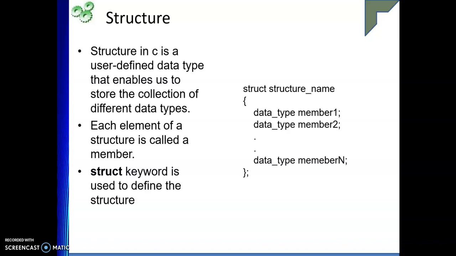In order to define or declare a particular structure, you have to use the struct keyword. So if you see here closely, this is the struct keyword, and then we have the structure name, followed by the data members. So open bracket, then data member one, data member two, such as the customer name, the date of birth, and so on, till all the members are defined. That is followed by a close bracket and a semicolon.